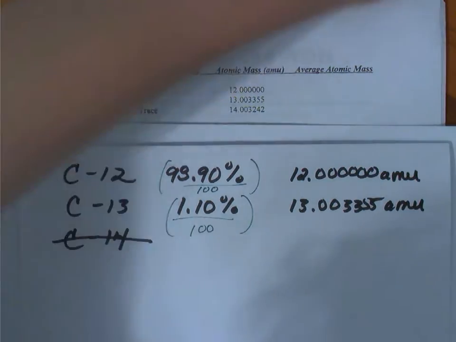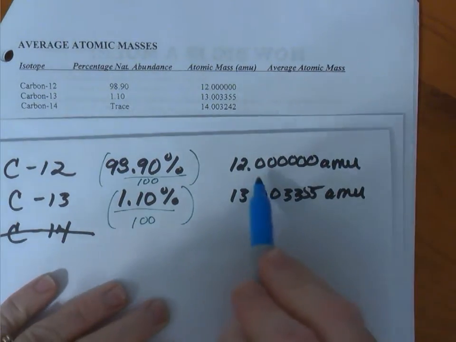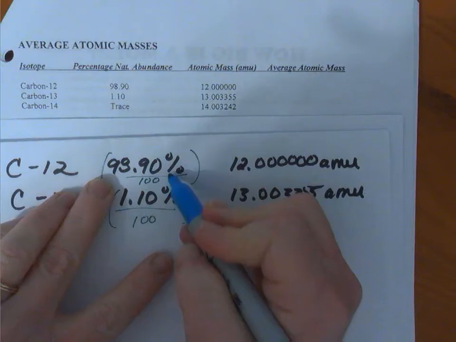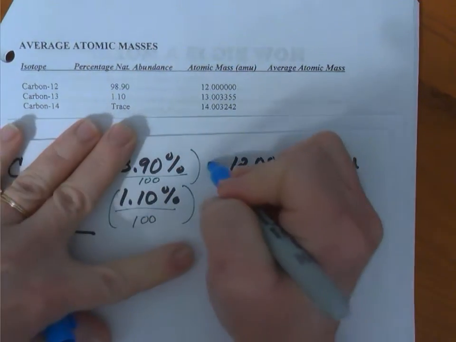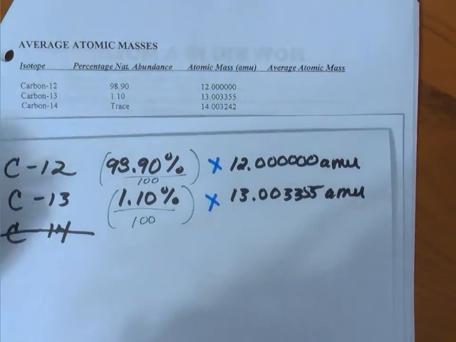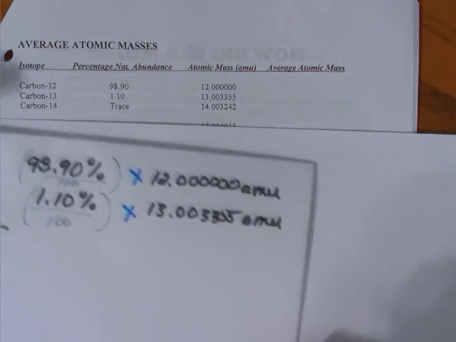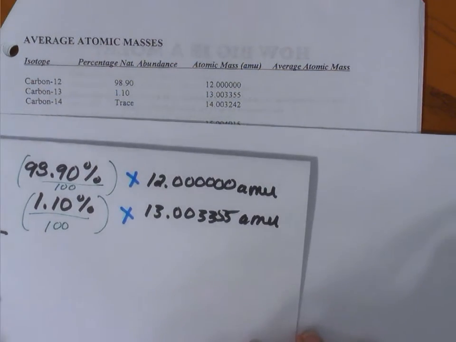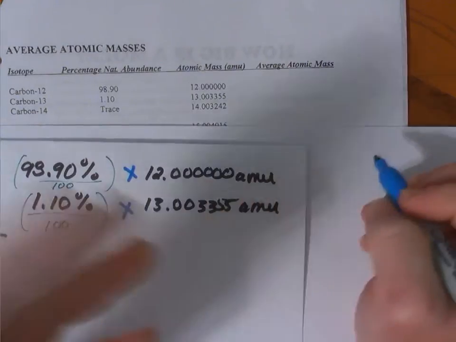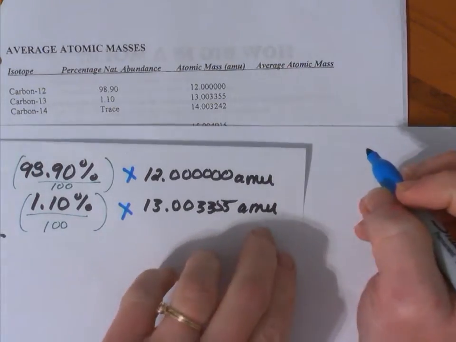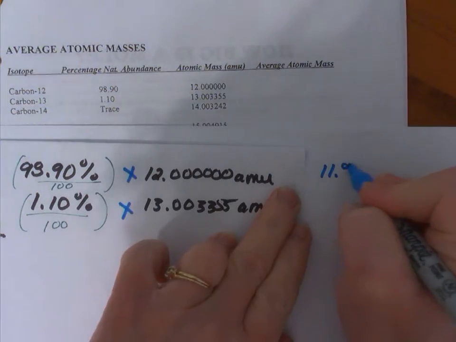Next, we multiply each atomic mass by the percent abundance divided by 100. So we're going to multiply these. What we get when we do the multiplication for carbon-12, obeying significant figures of course, is 11.87 AMUs.